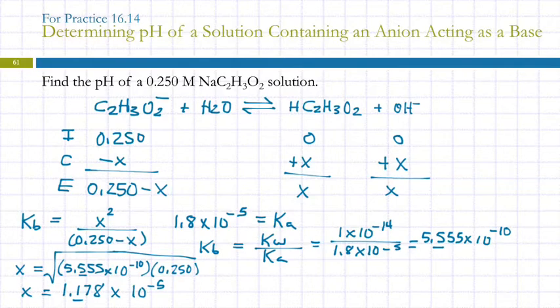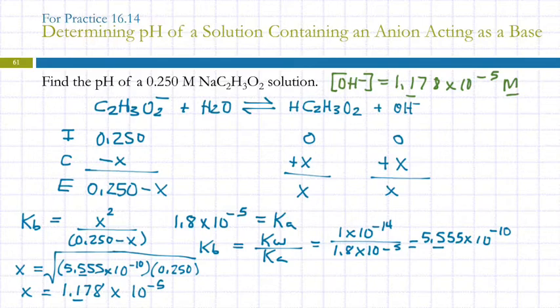We found x. What were we trying to find again? The pH. Oh, yeah, that's right. So for pH, x is going to give us the hydroxide ion concentration, right? So I'm going to change colors here because this is getting messy. Hydroxide ion concentration equals 1.178 times 10 to the minus 5.